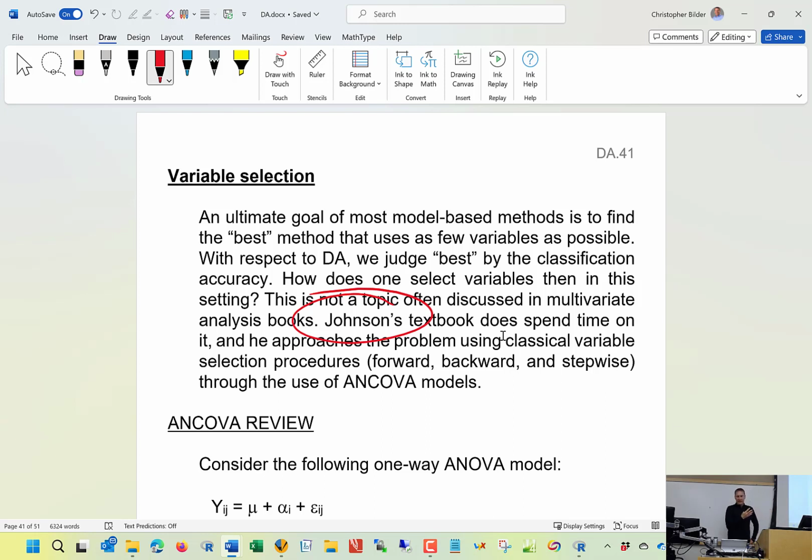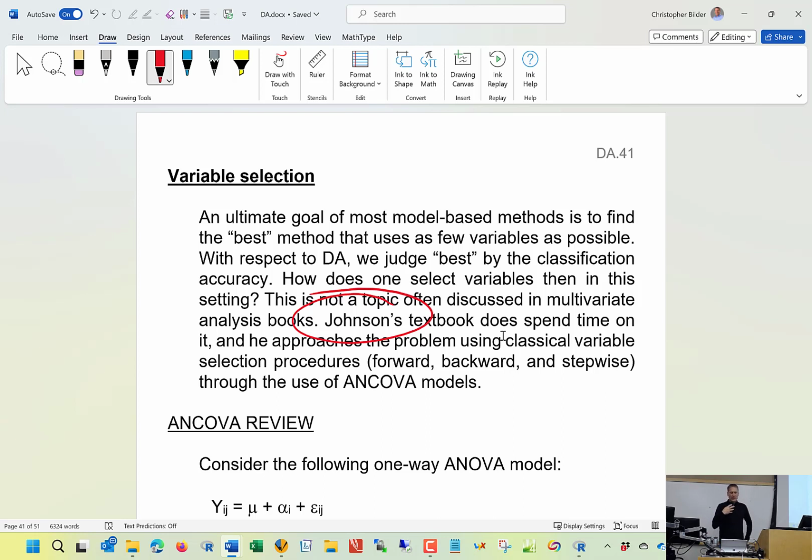Dallas Johnson has an interesting way to approach variable selection. He draws connections to something that will be taught in Stat 802 called analysis of covariance, which, if you haven't seen it before, is very similar to analysis of variance. The only difference is that in addition to categorical variables, which represent the treatment levels, you also have continuous variables trying to predict the dependent variable.